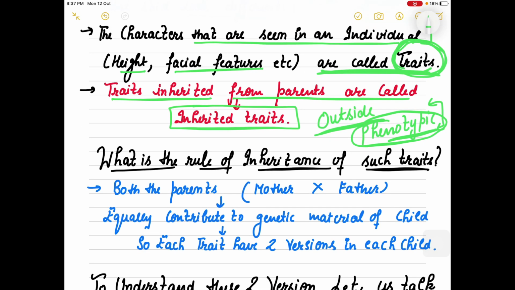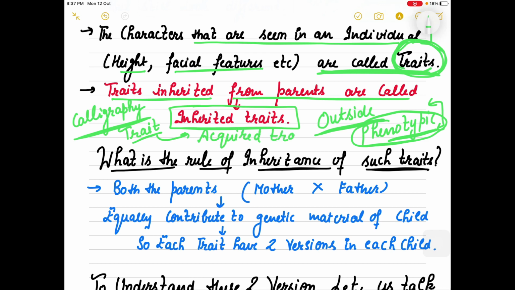Suppose I give you a very common example, calligraphy. Few people write very beautiful handwriting. Now this is a trait, right? Beautiful handwriting is a trait. Now, will you call it an inherited trait? No, no. This is an acquired trait.